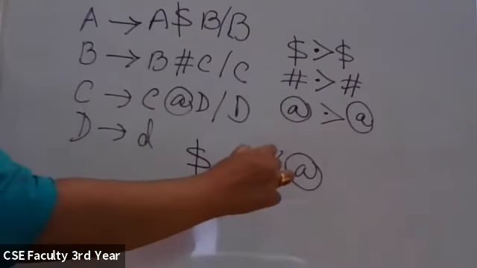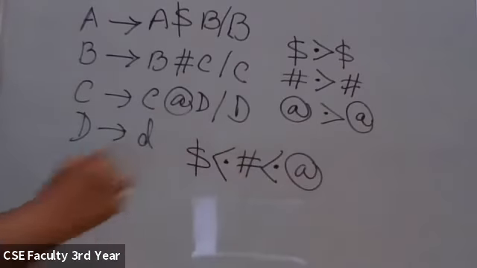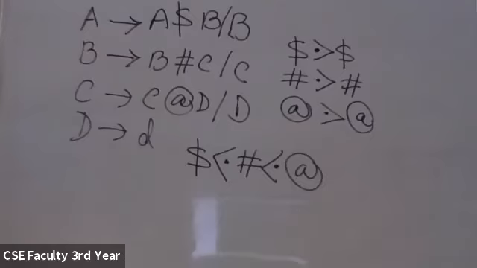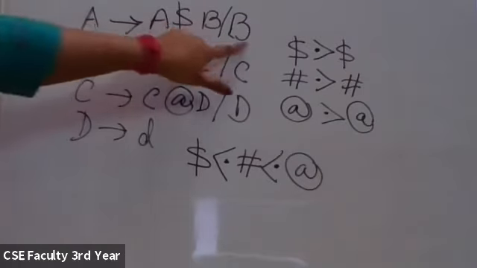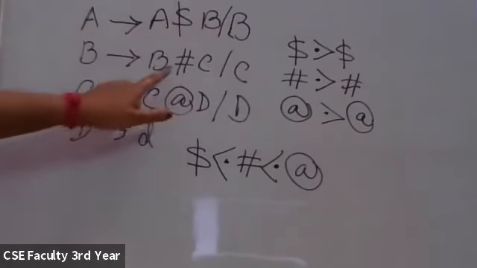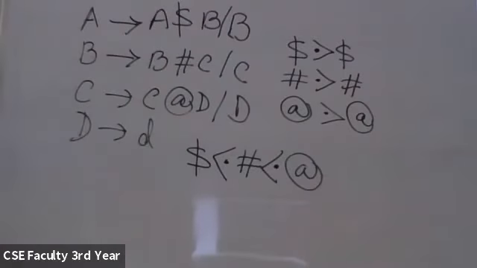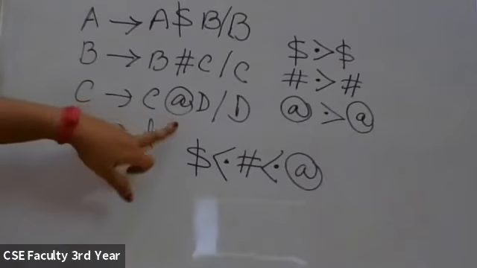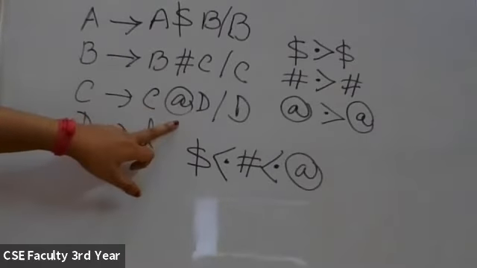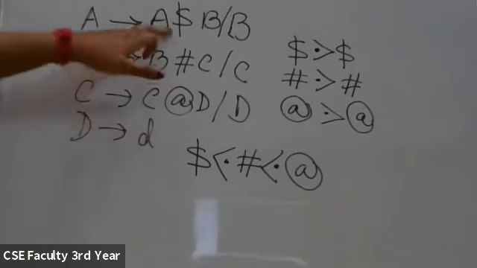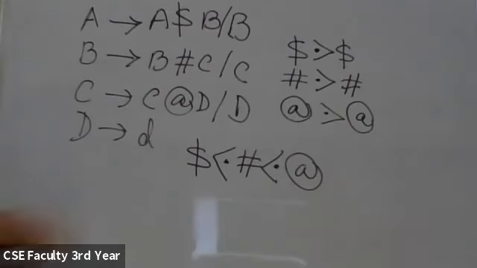At the rate has highest precedence, followed by hash, followed by dollar, because these are in different levels. If the LHS is same, like these two, they are in the same level, but these are in different levels. So this is at the lowest level, so it has highest priority, followed by this and then this. And this is how to write it. Is it clear to all of you? Yes, ma'am.